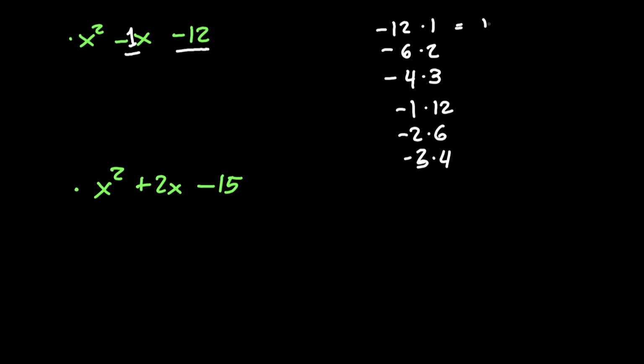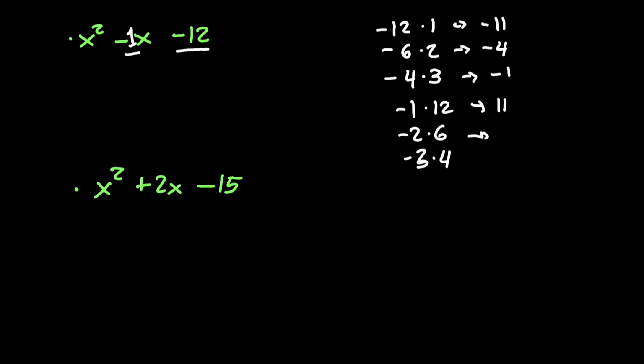12 plus 1 would be 13. 6 plus 2 would be 8. Wait. I made a mistake. Negative 12 plus 1 would be negative 11. Negative 6 plus 2 would be negative 4. Negative 4 plus 3 would be negative 1. Negative 1 plus 12 would be 11.